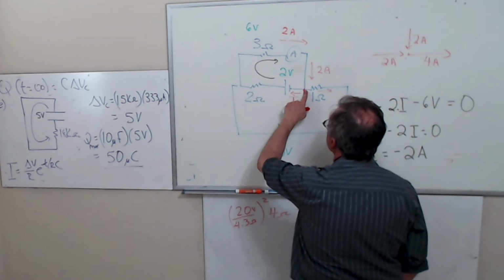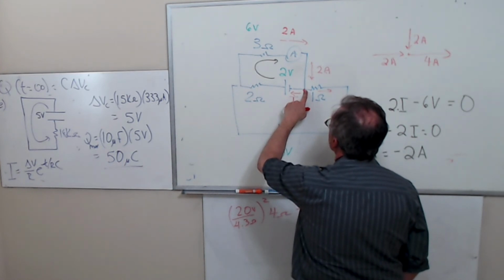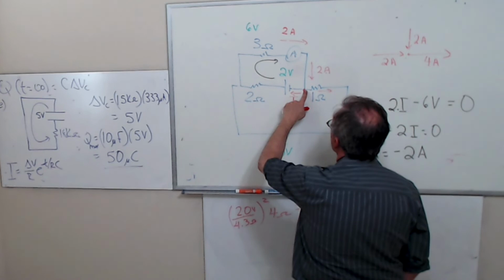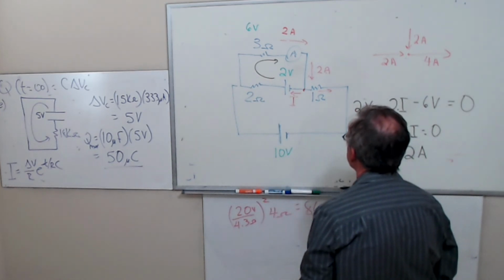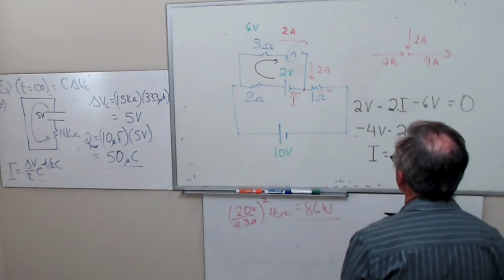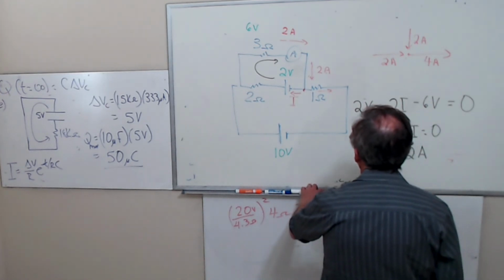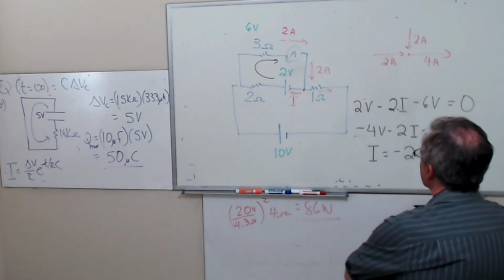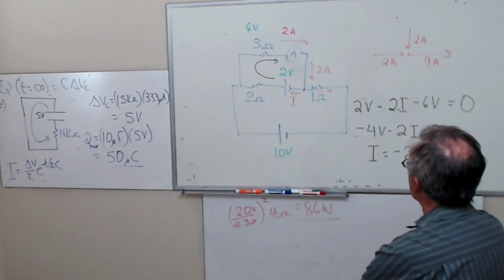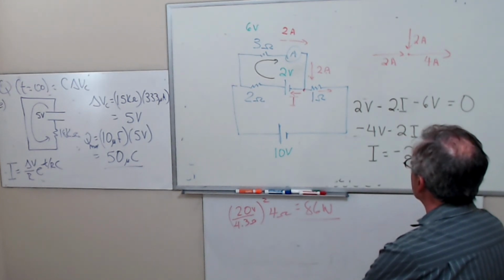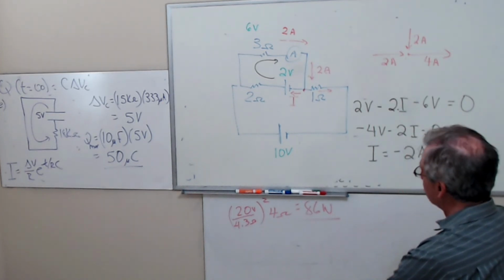Yeah, because it's in parallel with the top, which we found has 6 volts. Since there's already 2 volts in the bottom, then we need 4 volts. And since there's a 2 ohm resistor to its left, the current going through that would have to be 2 amps.